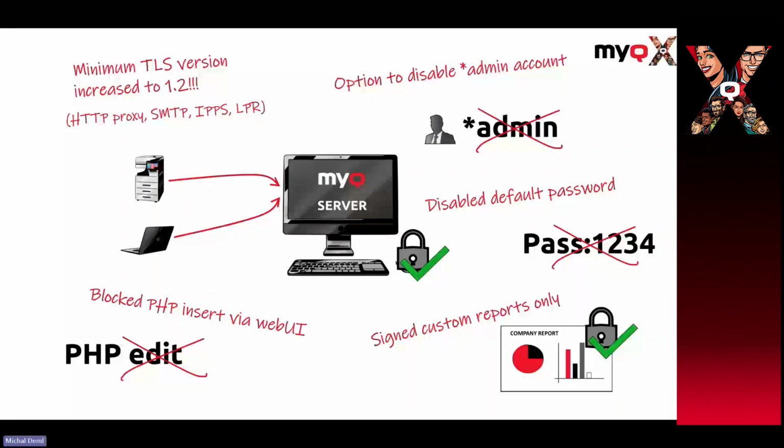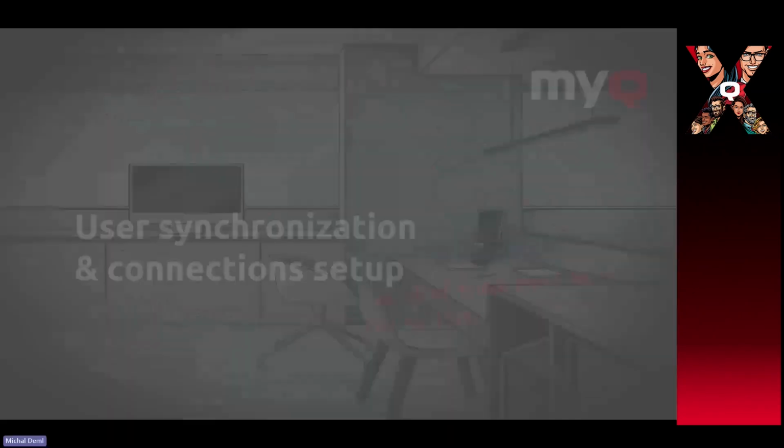So from now on, if you would like to use a custom report, it has to be an encrypted and signed copy provided by support. All your previously used custom reports after the upgrade will no longer work. So that was about the security.